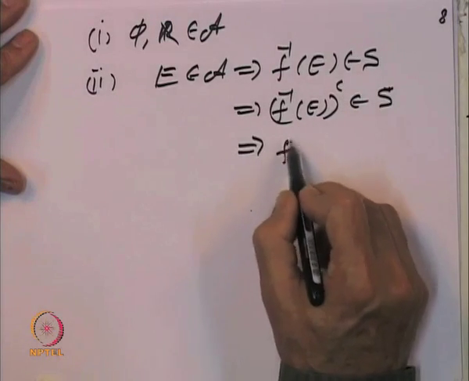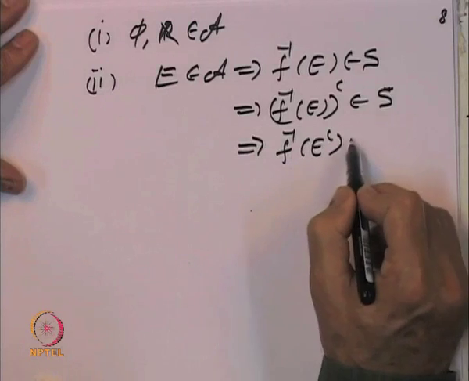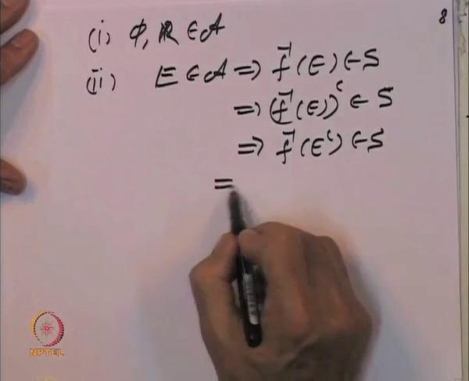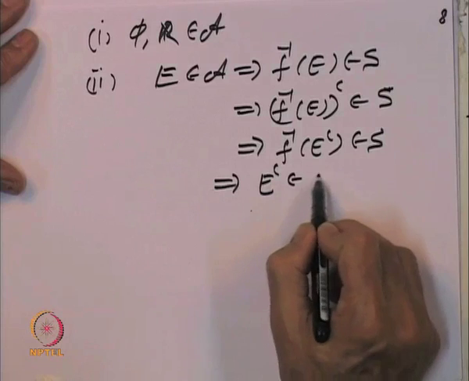So, this implies E complement belongs to A.